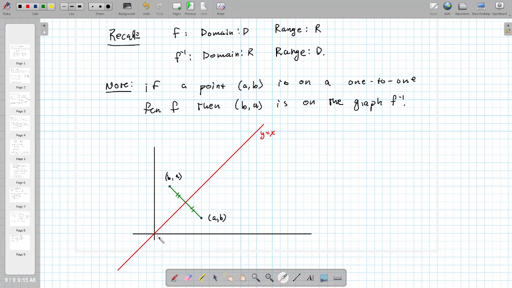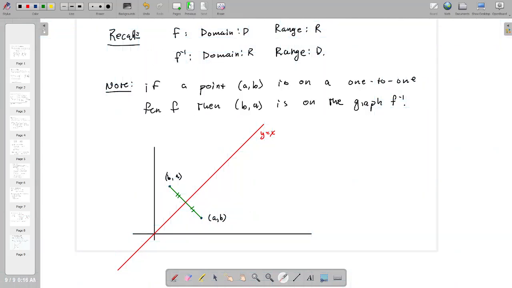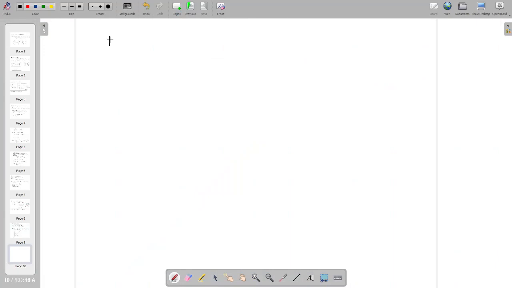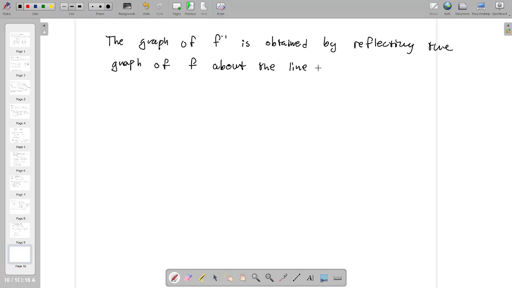So remember, as a function f is mapped out by a bunch of points, the f inverse will be mapped out by reflecting it about the line y equals x. The graph of f inverse is obtained by reflecting the graph of f about the line y equals x.